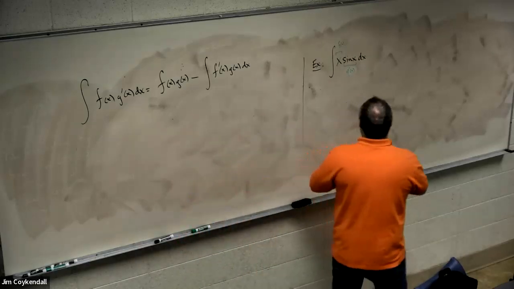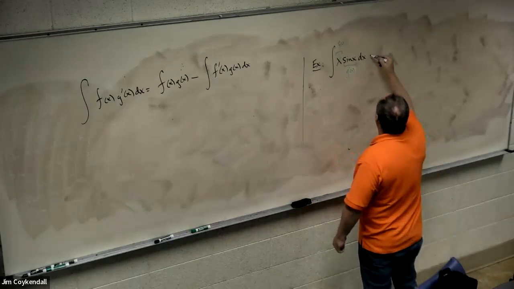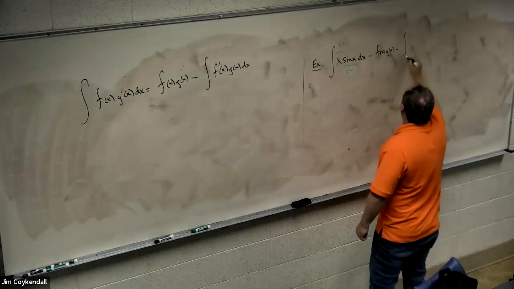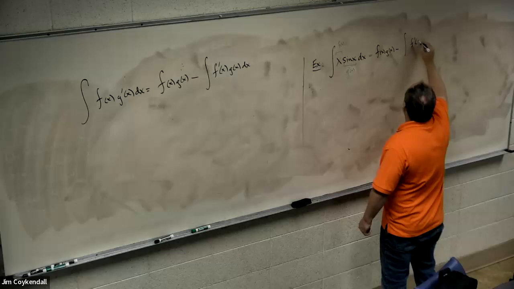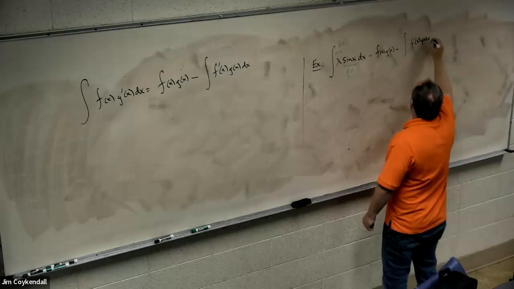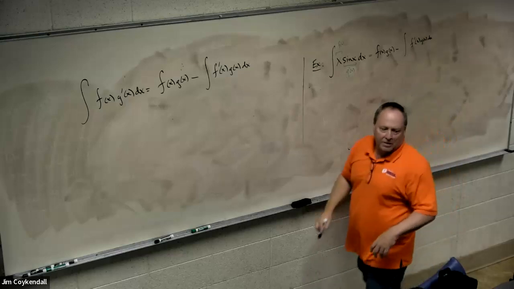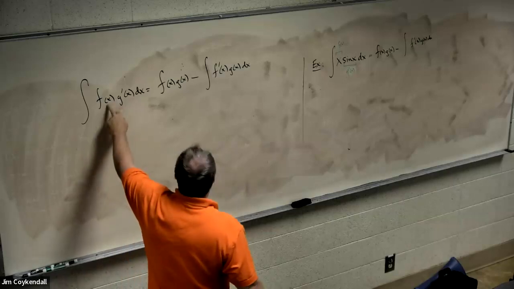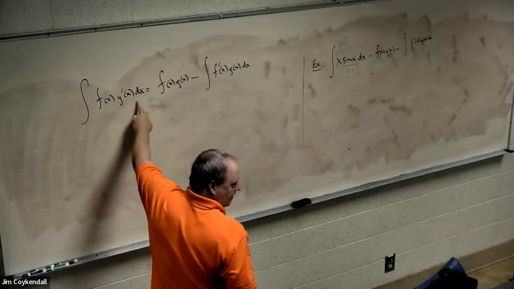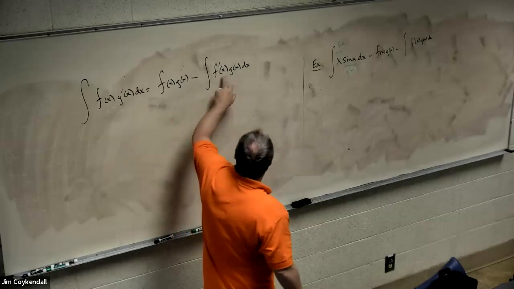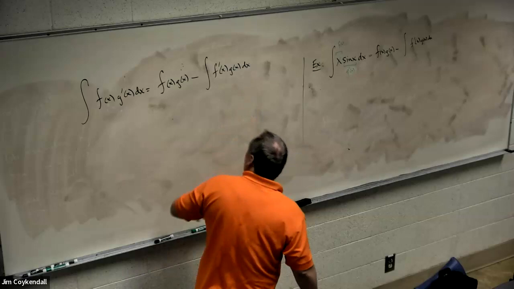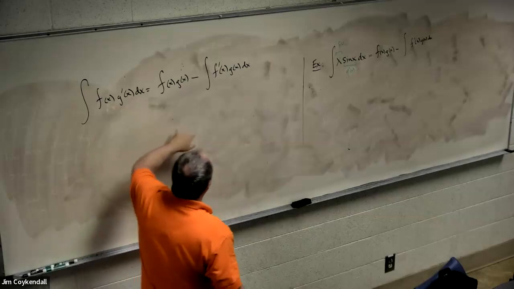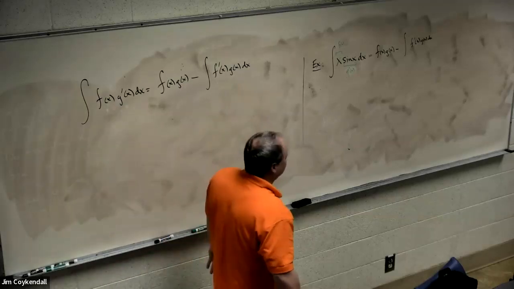Now the parts formula says that this is f of x, g of x, minus f prime of x, g of x. So notice what parts does: you've got two functions, f and g. Here is f times the derivative of g. That might be hard to integrate. Maybe the derivative of f times g is easy, right? So notice how the derivative roles change. f g prime might be hard, f prime g might be easy.